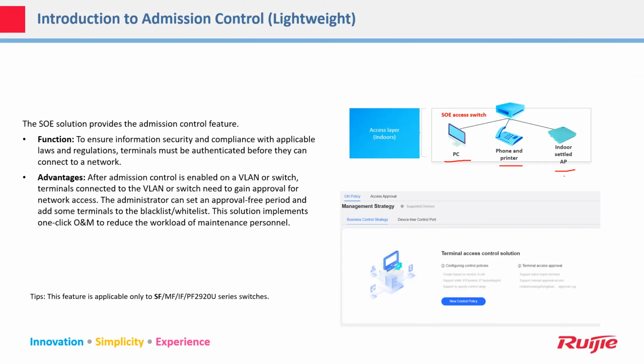Terminals must be authenticated before they can connect to a network, and the advantage is that it is more secure. After admission control is enabled on a VLAN or switch, terminals connected to the VLAN or switch need to gain approval for network access, which makes it more secure.